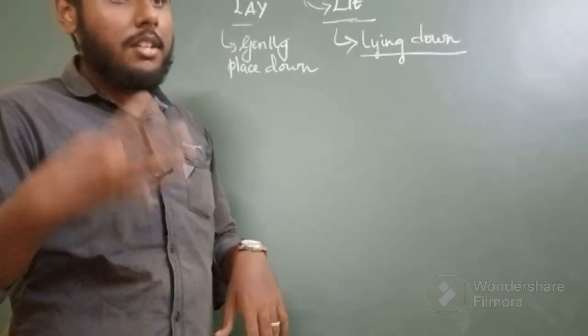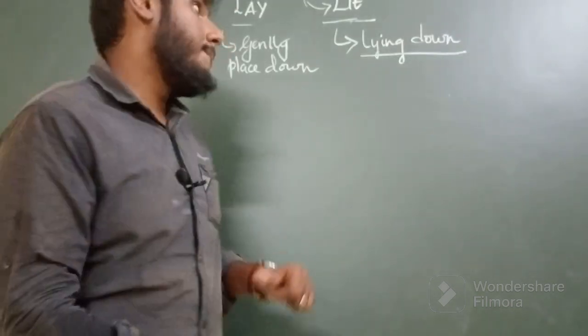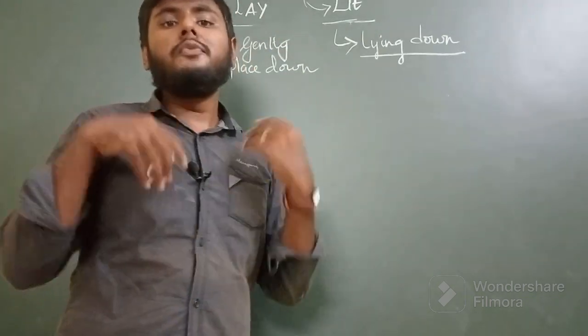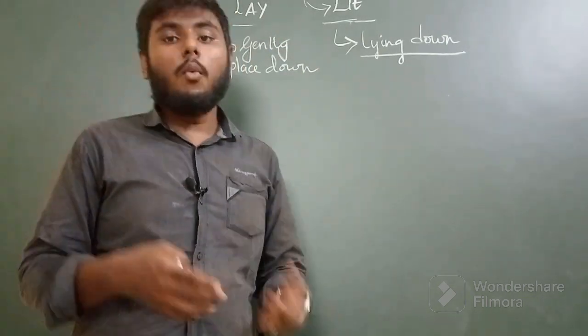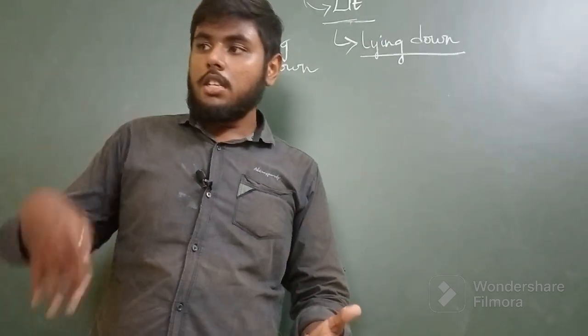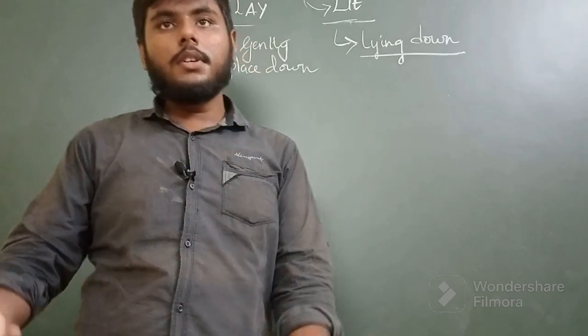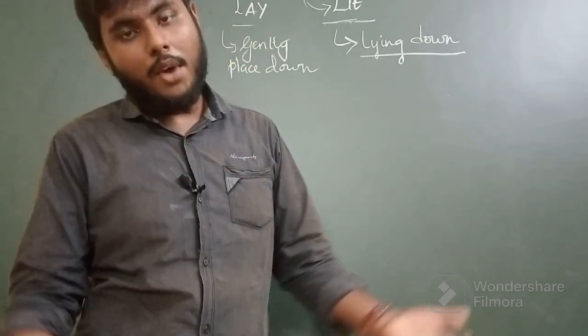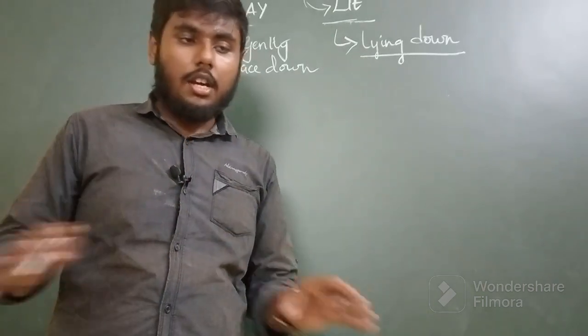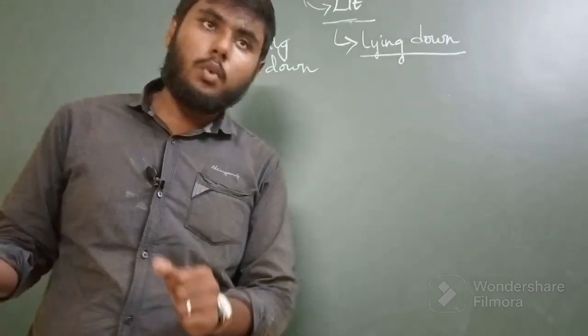Now we are going to the second step. For any verb, we have verb forms, right? We have verb forms which are usually referred to as V1, V2, V3, and in recent times V4 and V5 as well. But the basic verb forms are three, okay? V1, V2, and V3.